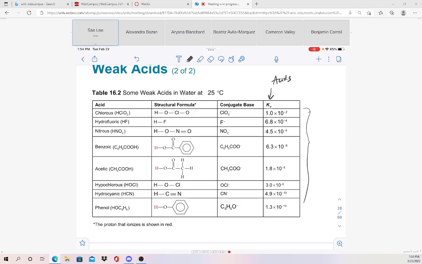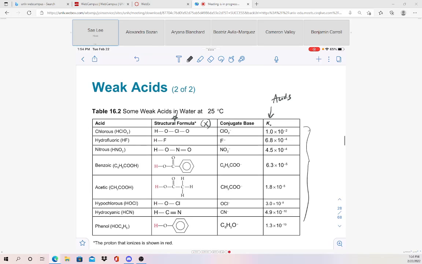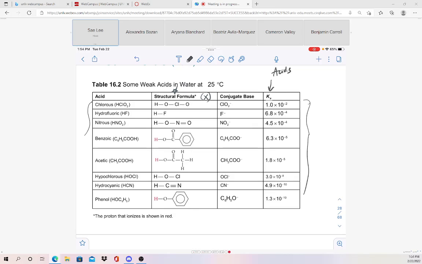Which indicates weak acids. You do not have to remember this structural formula. But you might want to be familiar with these few names of weak acids, and you don't have to memorize the Ka value. But try to be familiar with these names of the weak acids.